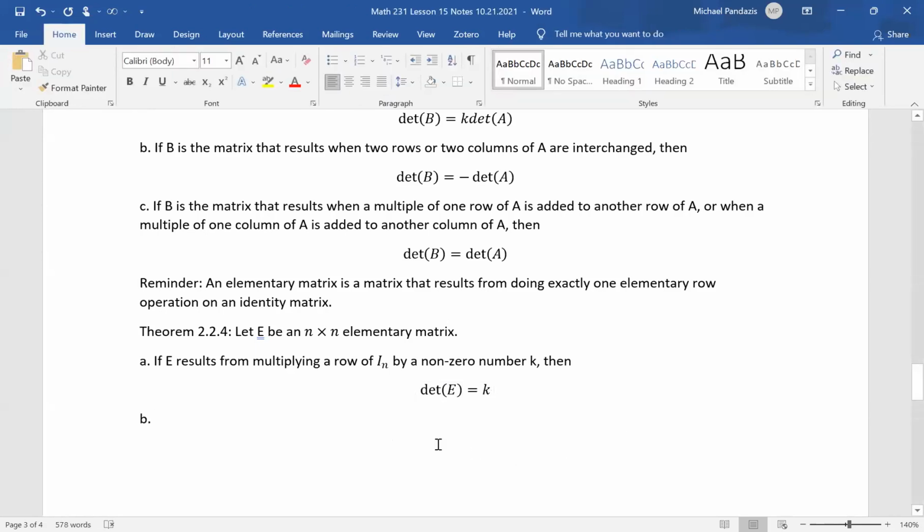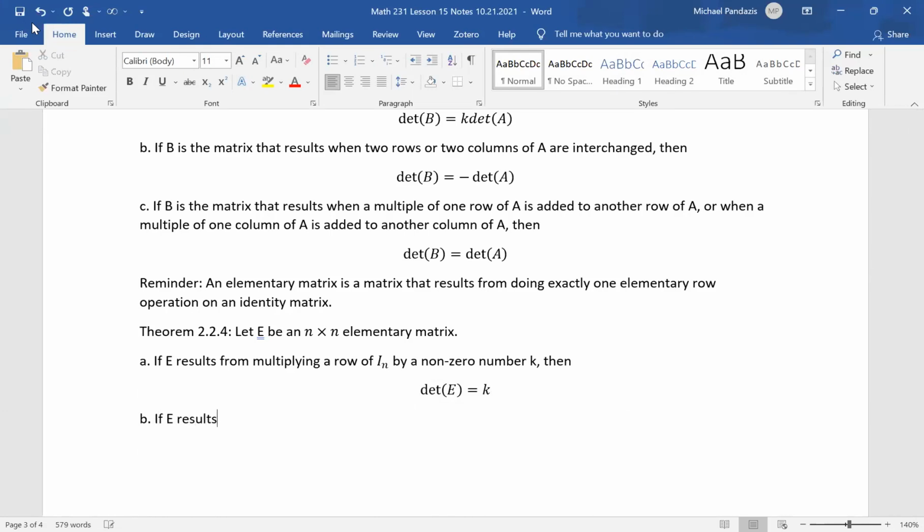Okay, so if you have an elementary matrix that you got by multiplying a row of an identity matrix by a non-zero number k, the determinant of that resulting elementary matrix is equal to k.